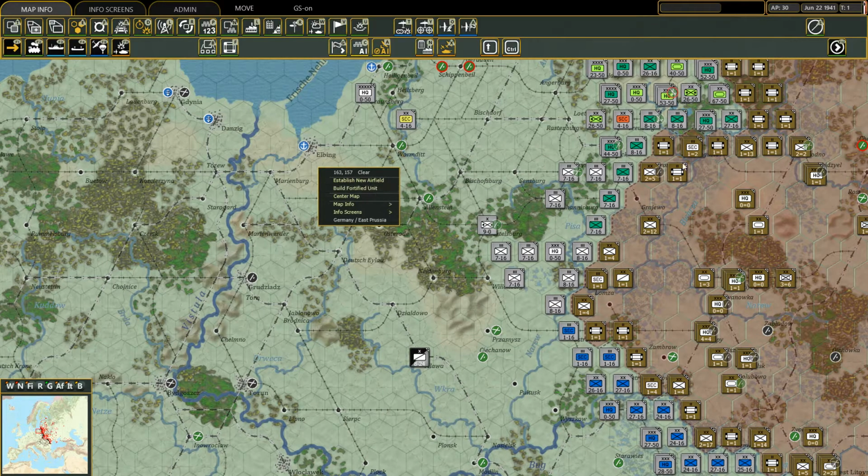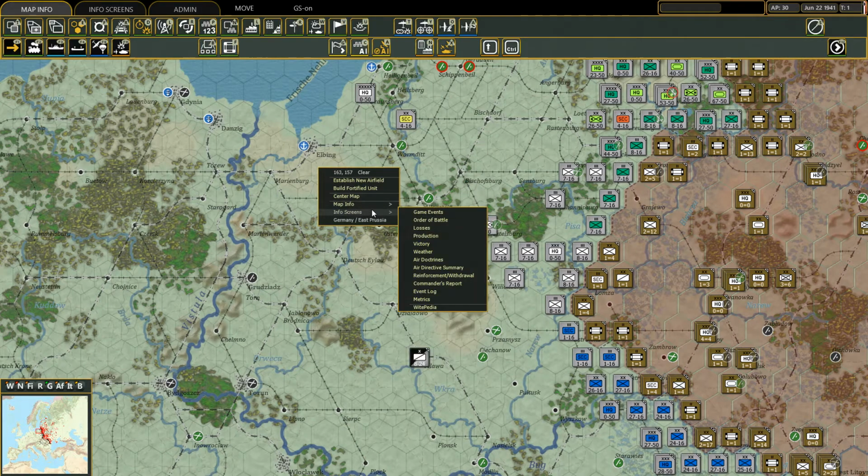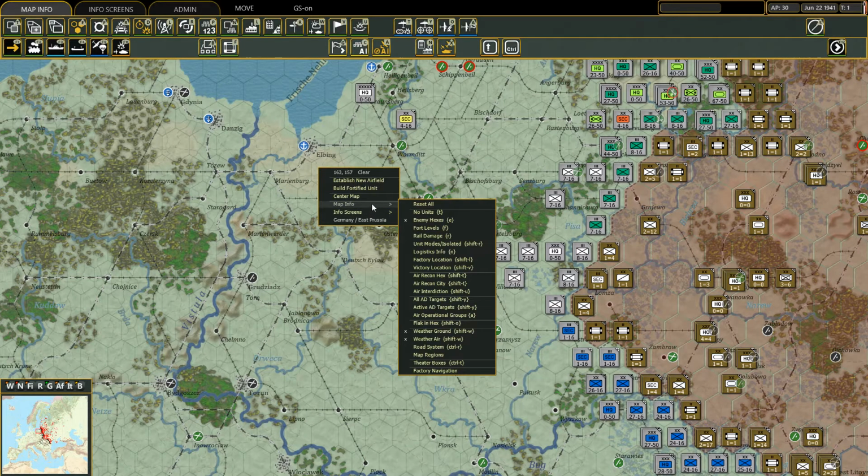Fortified units are basically these guys here that are good for holding the ground, and they're more like emergency units that the Axis player can build. You can center them up, and then you have these two buttons leading to additional windows.